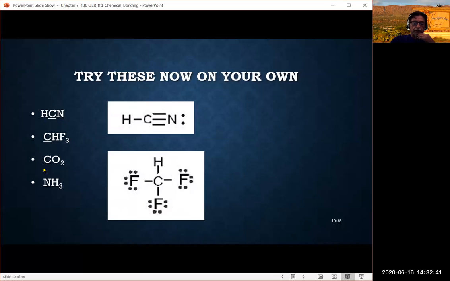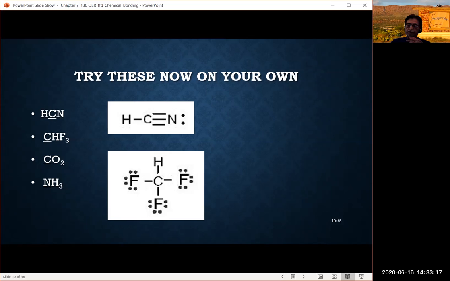Okay, so let's go back. Now we've got carbon dioxide as the next structure. Anybody recall how many valence electrons we calculated for CO2? Okay, carbon brings 4. Oxygen brings 6. There's 2 oxygens, so that's 12, correct? Plus the 4.